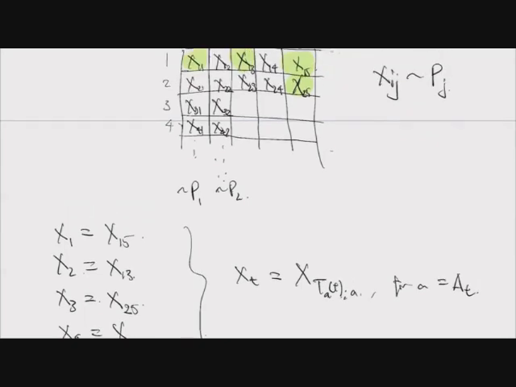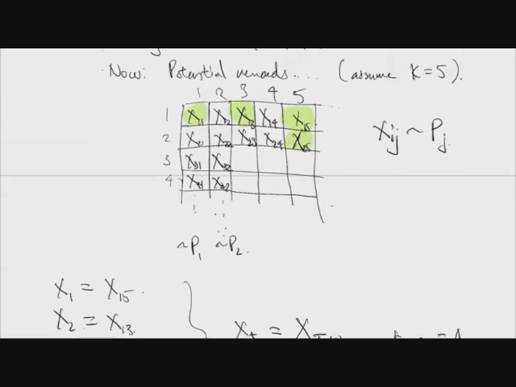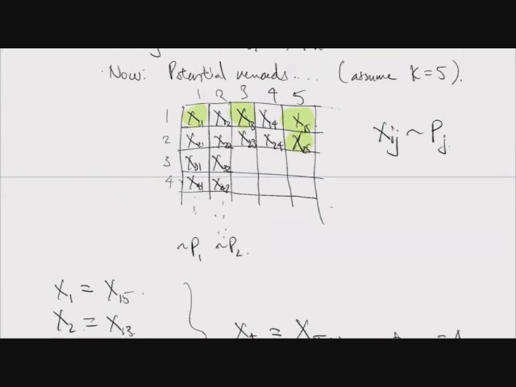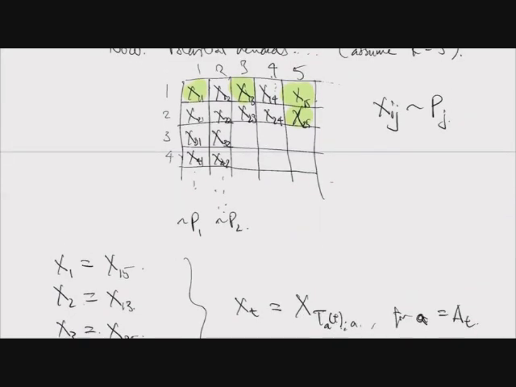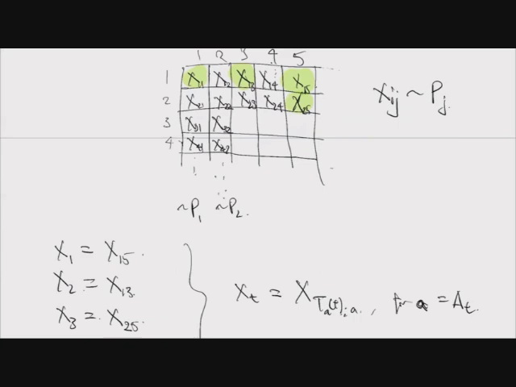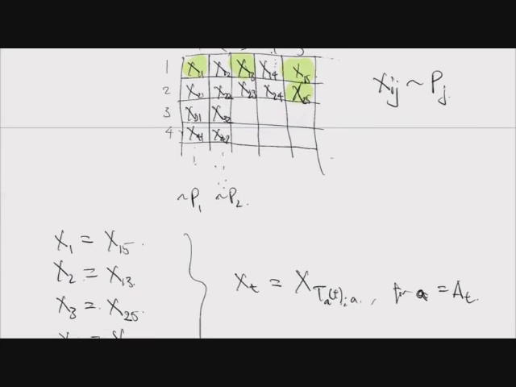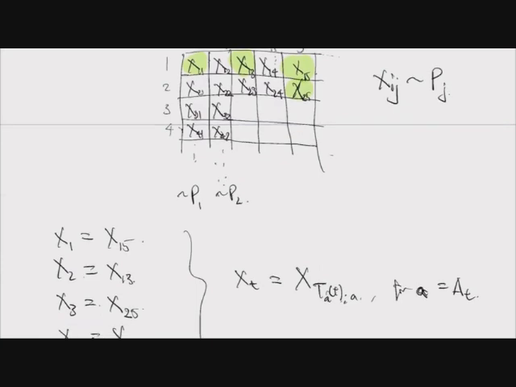In other words, if the arm that we choose in round t is equal to a, then we look for the a-th column here, say a is equal to 4. Then we go down and see which entry we have not seen so far, and we choose to reveal it. The index of the row that is the first entry that has not been revealed is simply going to be this capital T sub a of t. If you think for a moment, you see why this is true.